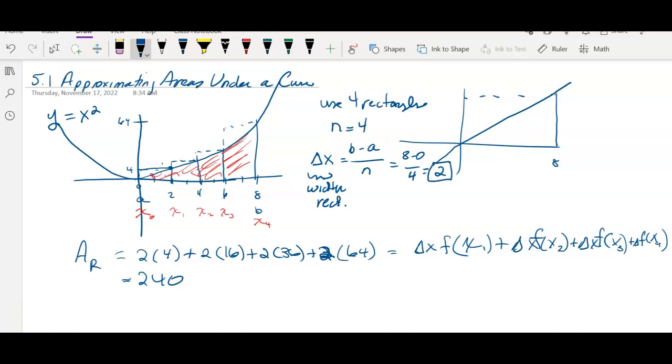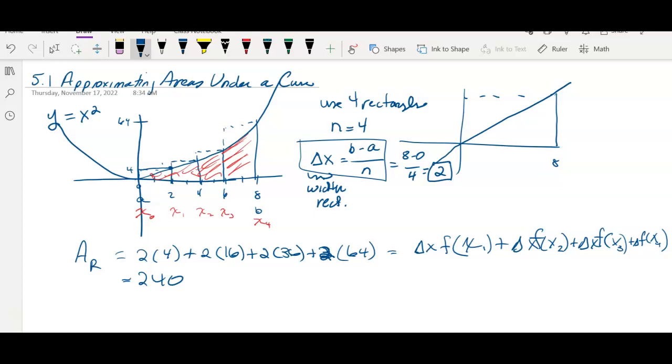I got to plug 2 into y equals x squared. That's why it's f of x1 over here. Now, this is good. If you understand it all now, it'll make it much easier as we go through. Delta x is always going to be the same width for every rectangle we're approximating, so it's just delta x.